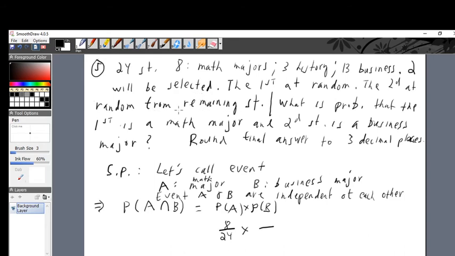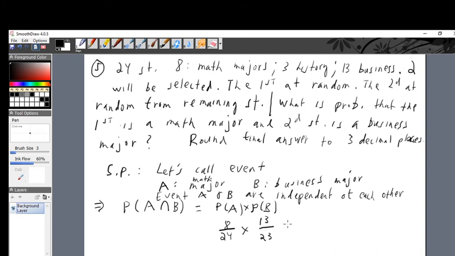No, the second is selected from the remaining students, so there's only 23 students left. How many of those, and what does it have to be? The second one has to be a business major. How many are business majors? 13. Right? And you didn't select the business. The first one you selected a math major. The second one is the business major. So there's 13 of those business majors left out of the 23.